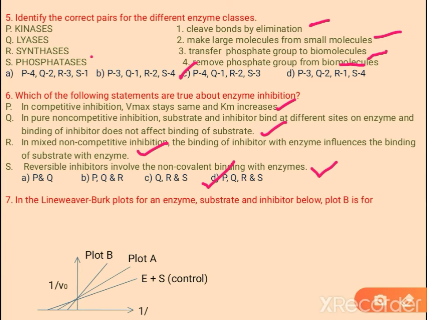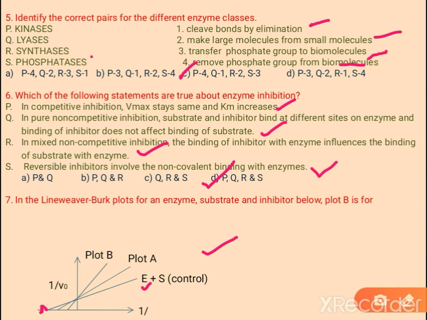Now coming to the next question. Here is a graph, and the plot B is for what? So you can see here, this is the graph of competitive inhibition. Okay. So this is the control, and the Km value is here for the control graph.